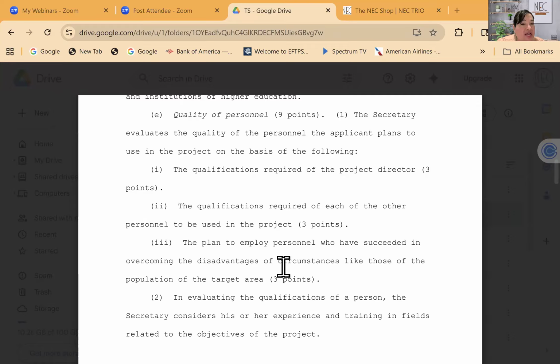And again, just like we have identification, recruitment, and selection of our participants, I would make sure to include a couple of bullets, no more than a couple of sentences, or maybe a mini table, on how you identify personnel that have overcome the obstacles faced by talent search eligible participants, then how you recruit them and how you would select them.